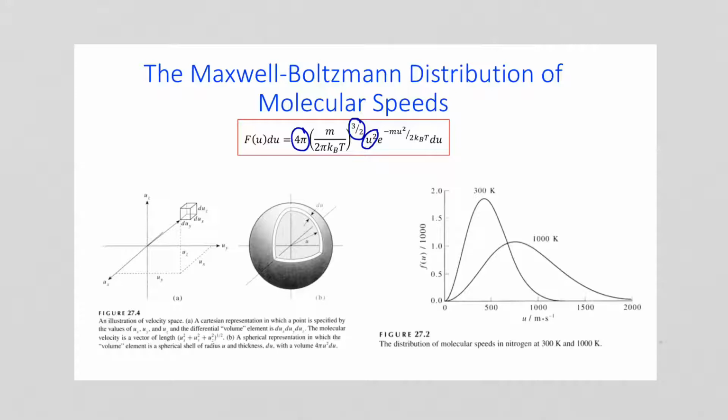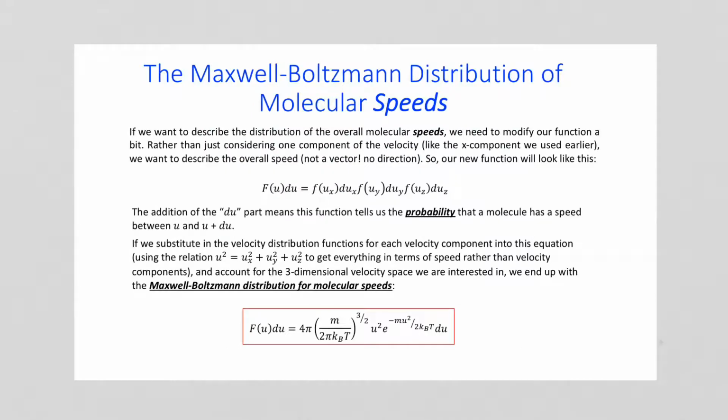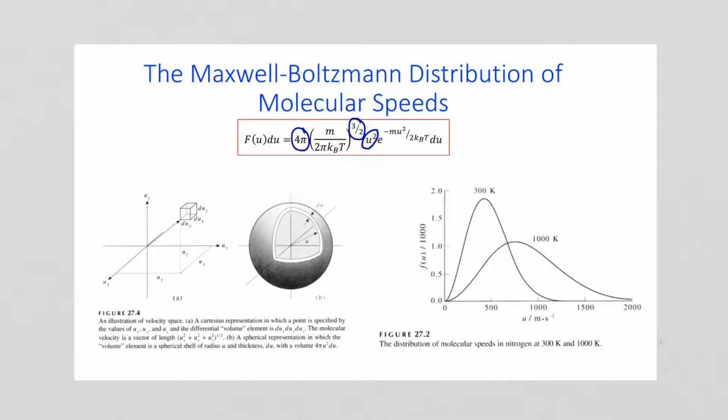Again, the 3/2 instead of the 1/2 is just due to the fact that we're taking all three of our components, the x, y, and z, together. So if we remember back over here, we have a product of all three of those dimensions. So we're getting a cubed factor in that exponent now. And then the 4 pi u squared. Oh, and we get an extra du here.